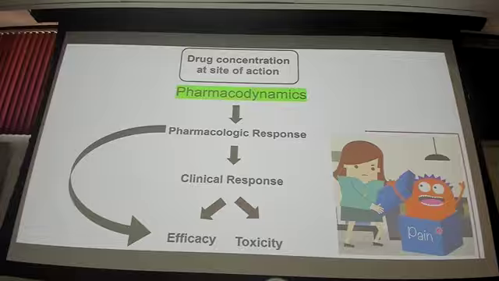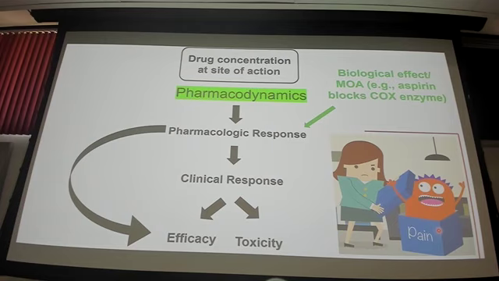It's the mechanism of action. So the biological effect or the pharmacological response is the mechanism of action. And if we take aspirin, it would be to block cyclooxygenase 1 enzyme, all right?